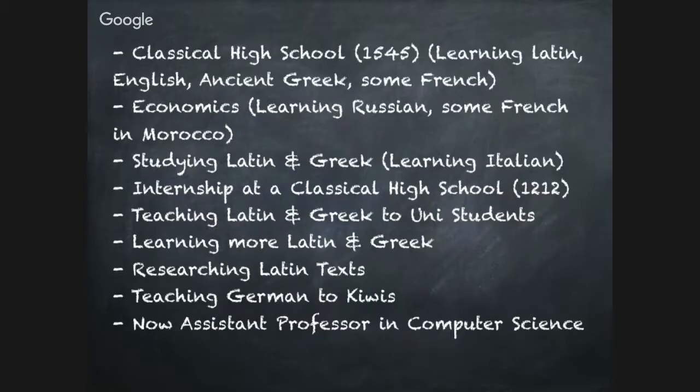Classical high schools in Germany are very old and often very stern and strict, and you have Latin, you have ancient Greek. My high school was founded in 1545, and I learned a couple of languages there. I learned Latin. English was my second language, second foreign language, not my first one. Ancient Greek and a little bit of French, but more as an extracurricular activity.